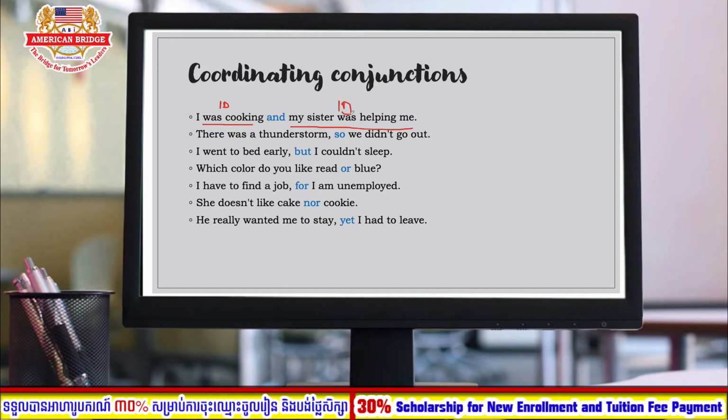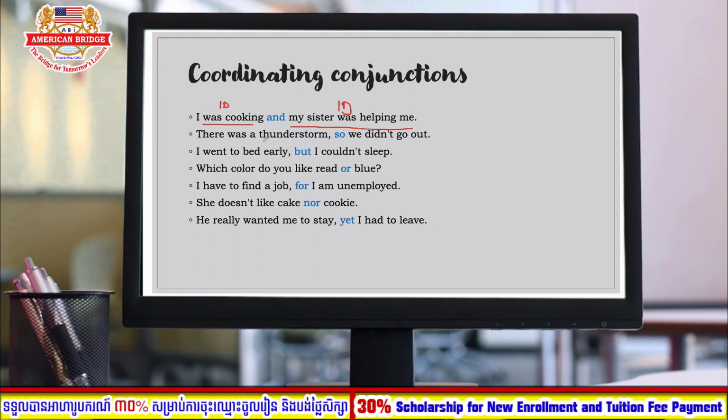So it makes sense. But if you write it in two different sentences, without making a lot of short sentences, we can use conjunctions, which is the coordinating conjunction, to link these two independent clauses together.